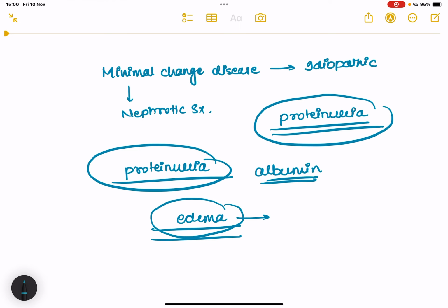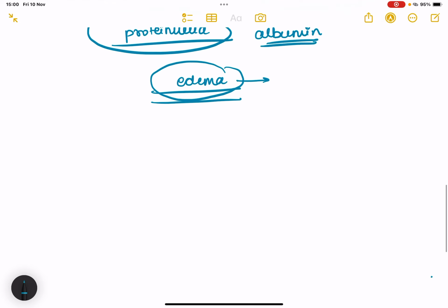Now, there are some proteins whose level will increase in minimal change disease. These proteins are fibrinogen and lipoproteins. If fibrinogen increases, what will happen?